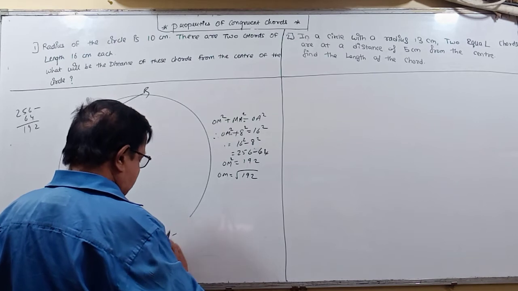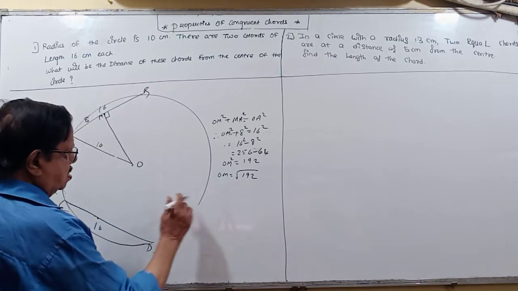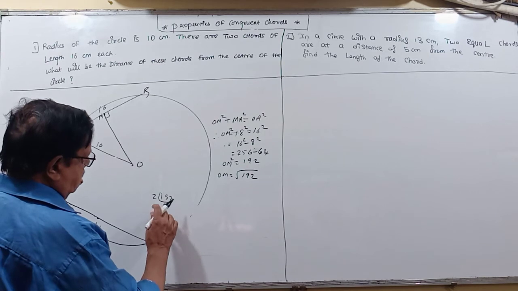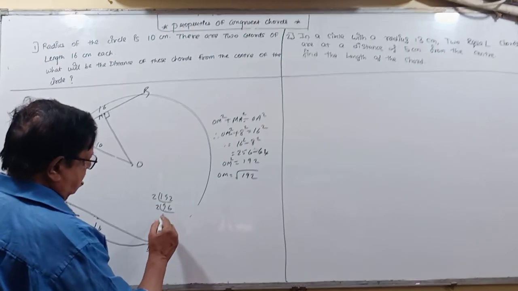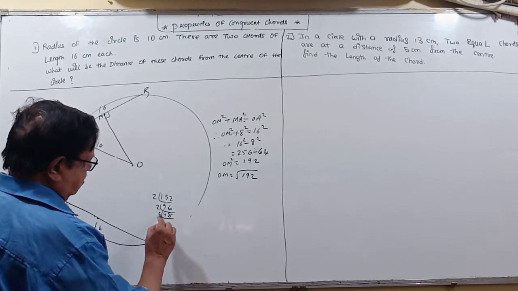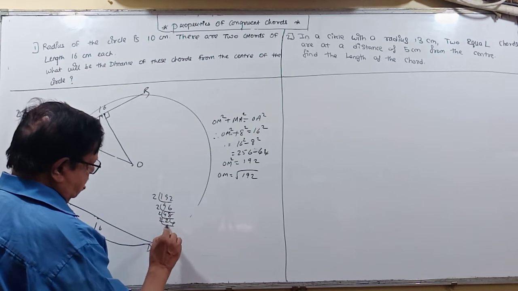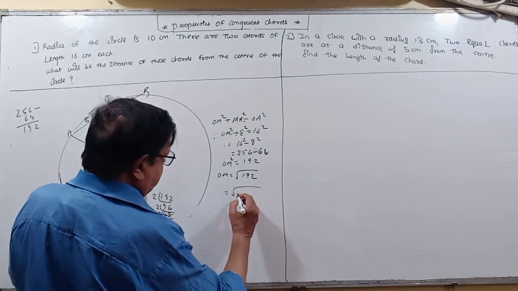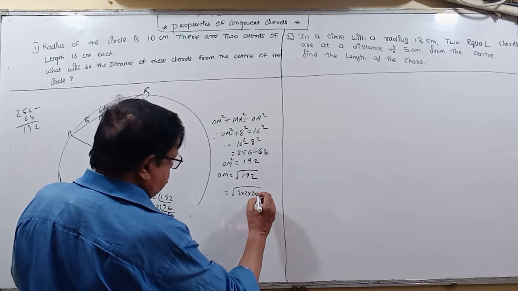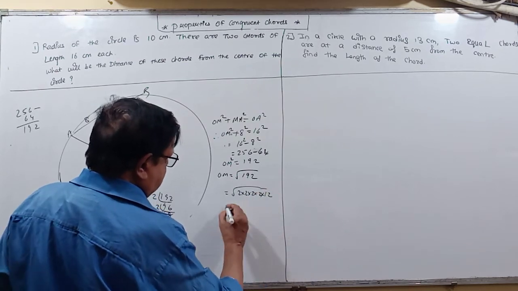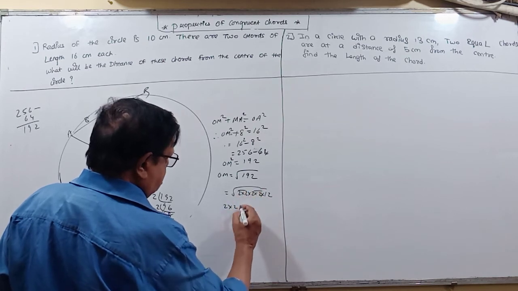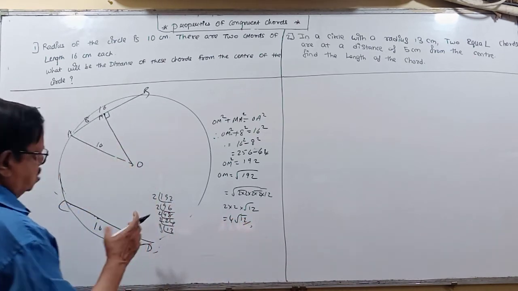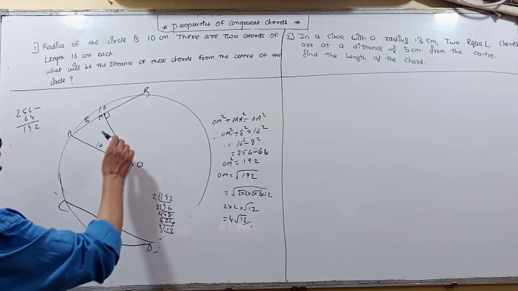If you write it like this, you may not get full marks. We will find the square root by factorization. Divide 192 by 2 to get 96, divide by 2 to get 48, divide by 2 to get 24, divide by 2 to get 12. So we write square root of 2 into 2 into 2 into 2 into 12. Now 2 into 2 comes out, giving 4 root 12. So OM equals 4 root 12. This distance is also 4 root 12.